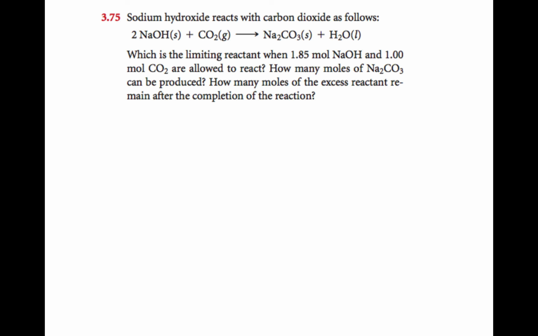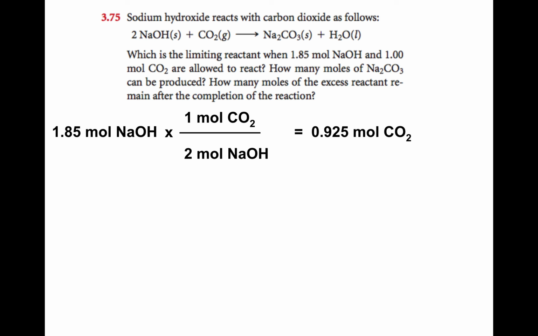So I have to ask myself the question, it doesn't matter which one in this case: if I had this many moles of aluminum hydroxide, how many moles of the other reactant do I need to use it up? So I use the coefficients to convert from moles of sodium hydroxide to moles of the CO2.